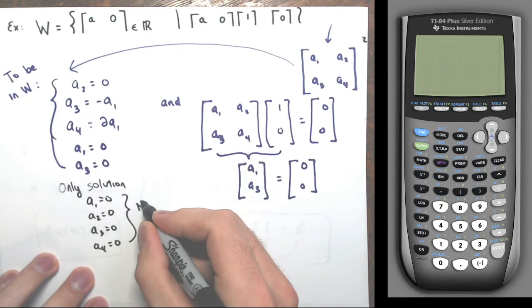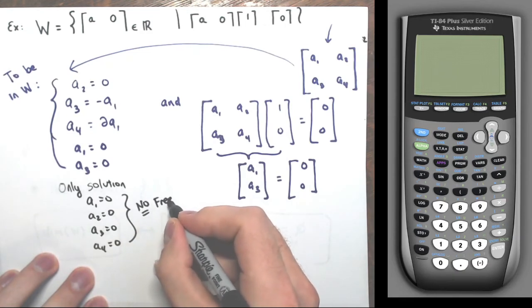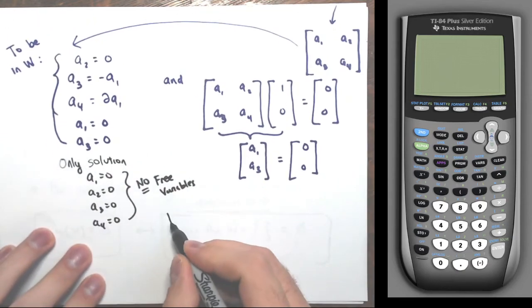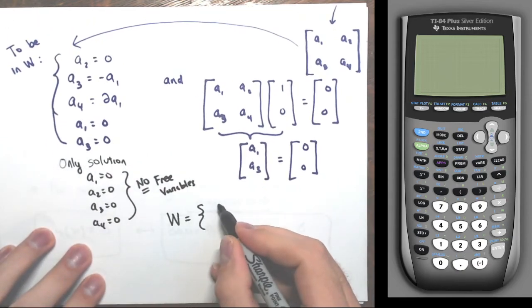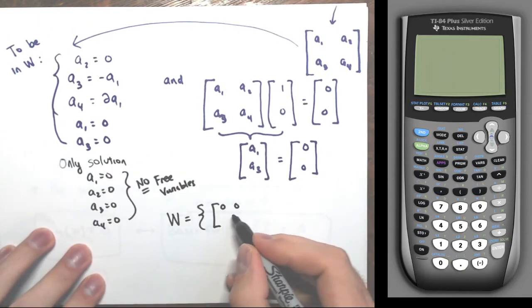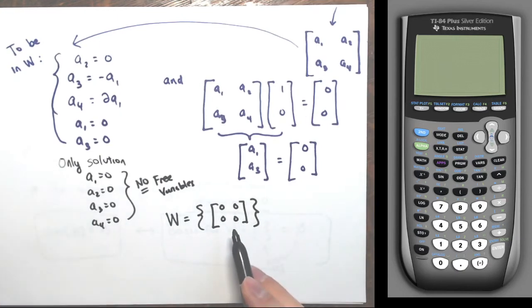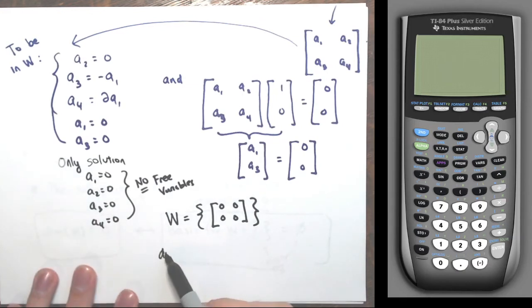And no free variables. And so as I said earlier, the only vector in W is where A1 is 0, A2 is 0, A3 is 0, A4 is 0. That's the only vector in W. And as I mentioned before, a subspace with only one vector in it, that additive identity, has a dimension of 0 and no basis.